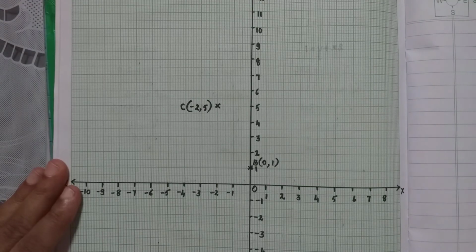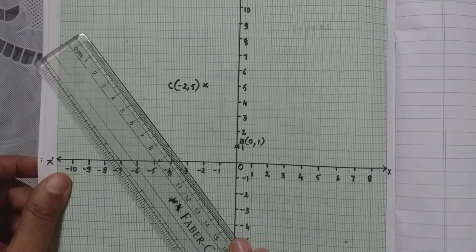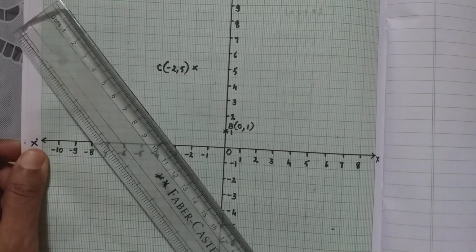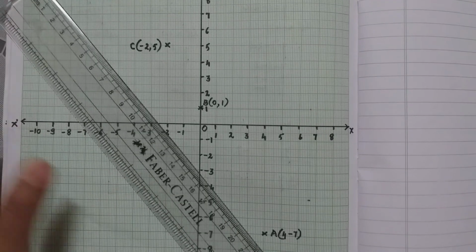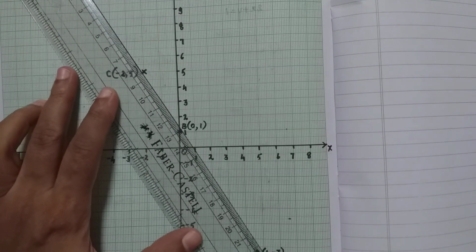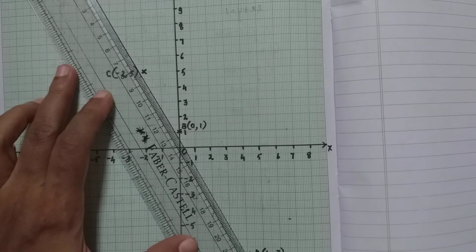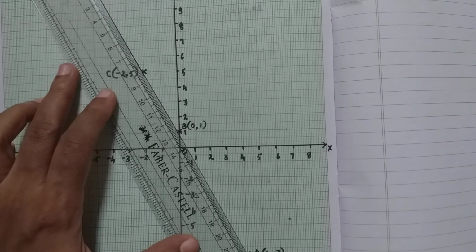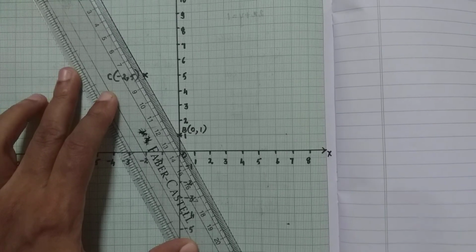So now we have to draw the graph of this line. I have to keep the scale in such a way that it will pass through all these 3 points. So I keep the scale like this such that it passes through A, B and C and then draw the line.